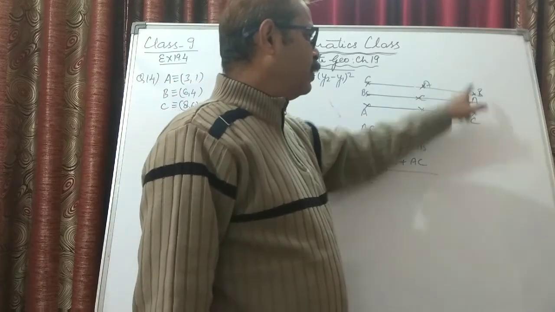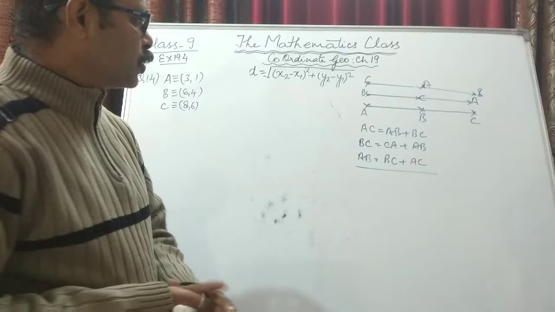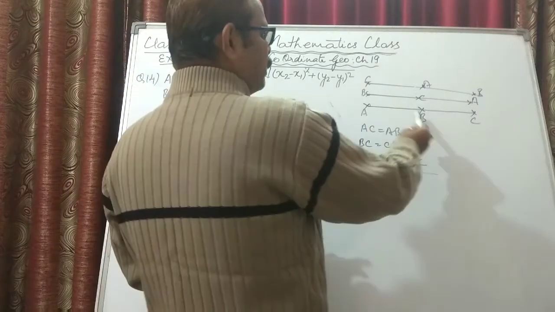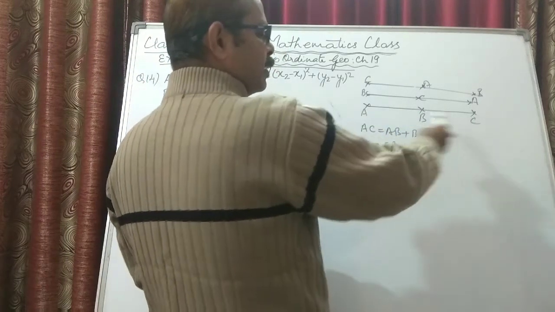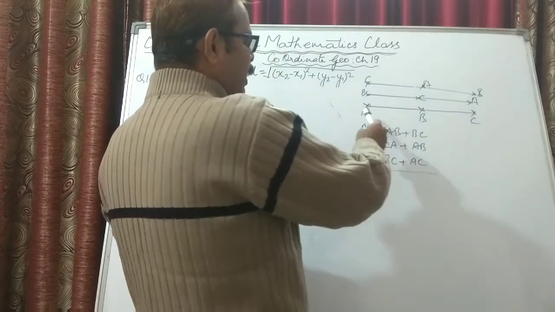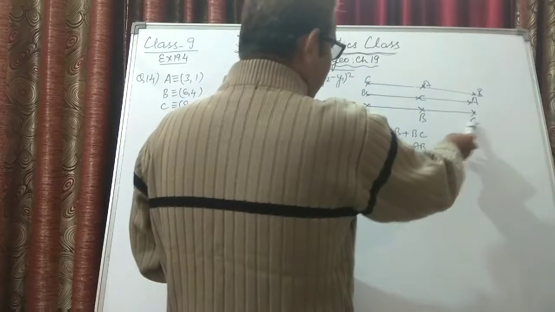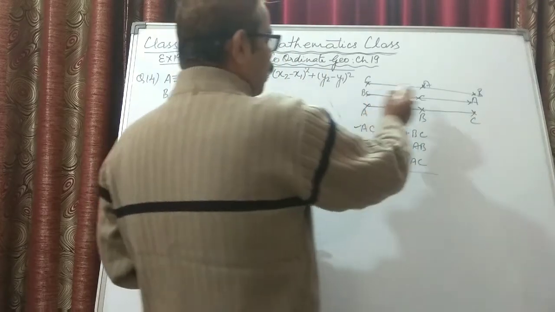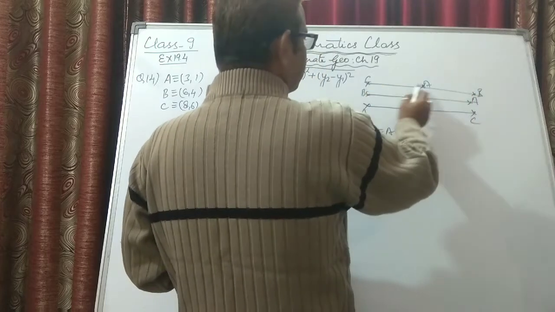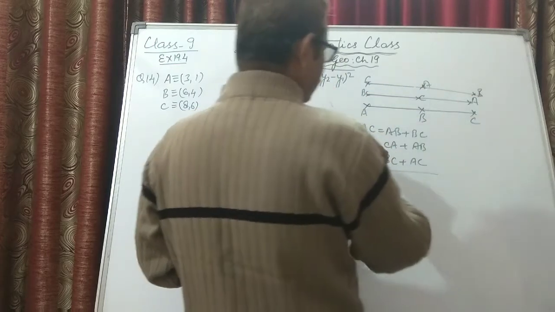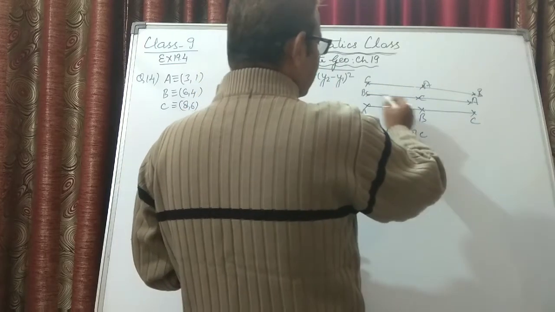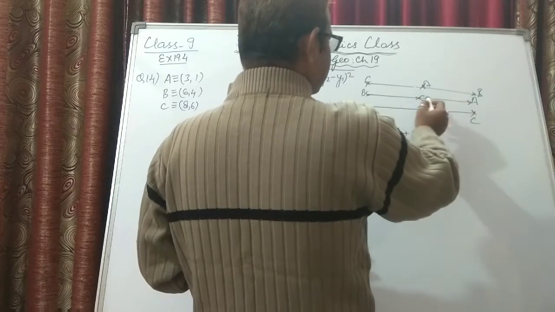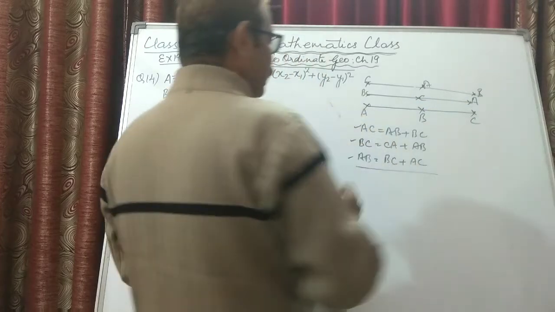So if I am taking A, B, C in continuation, it means AB plus BC has to be equal to AC. Either this will be correct, or BC is AC plus AB, or AB is equal to AC plus BC.